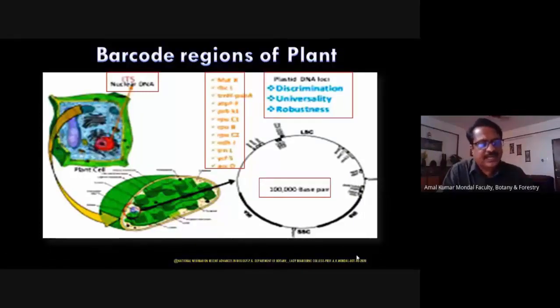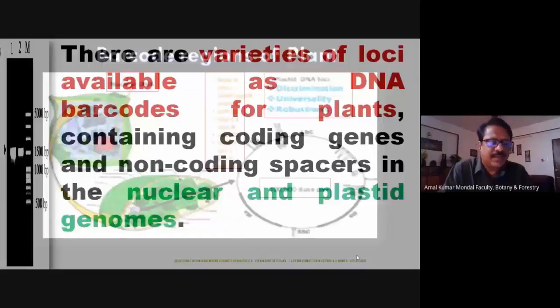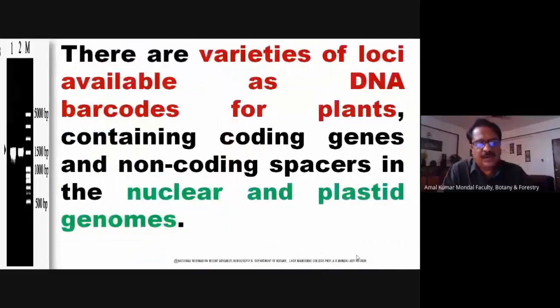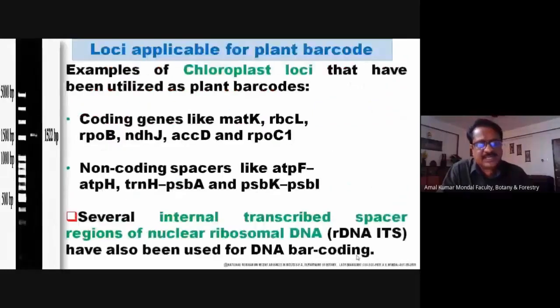A few candidate genes have been found in the chloroplast genome, the most promising being MATK by itself or in association with other genes. Multilocus markers such as the ribosomal internal transcribed spacer, ITS DNA, along with MATK, RBCL, TRNS-H, and other genes have also been used for species identification.